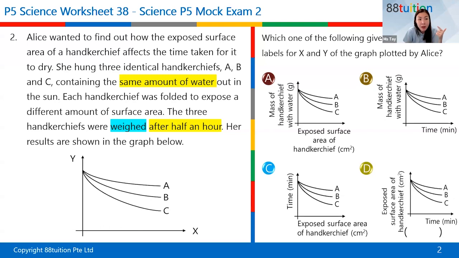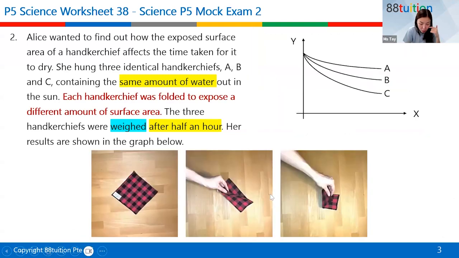If you can't see it, I'm going to use this to show you. This is the first piece of handkerchief, opened up. The second piece is a similar one, because we know from the question it's 3 identical handkerchiefs, A, B, and C. The second piece is folded.